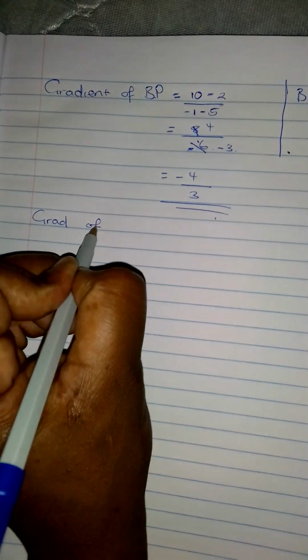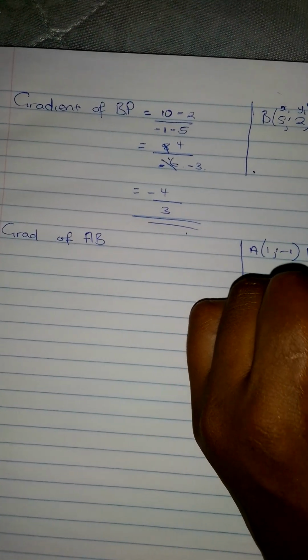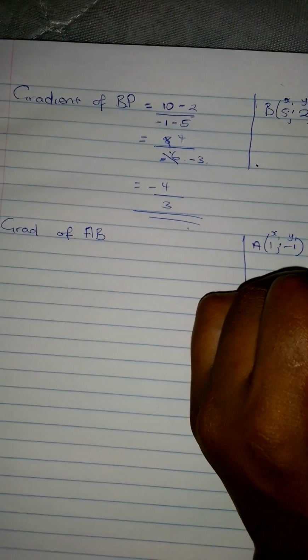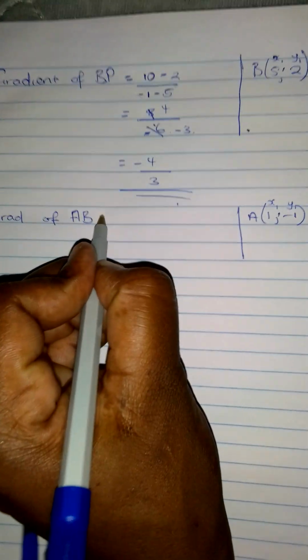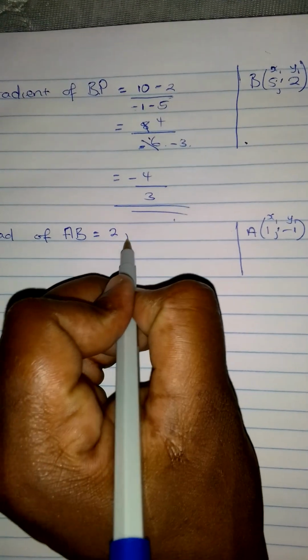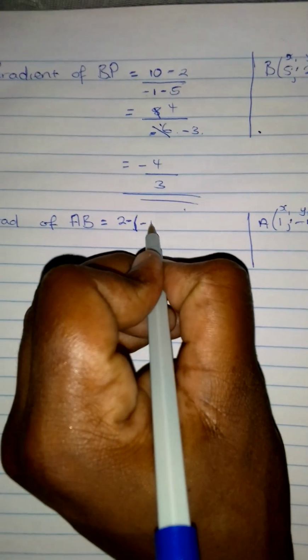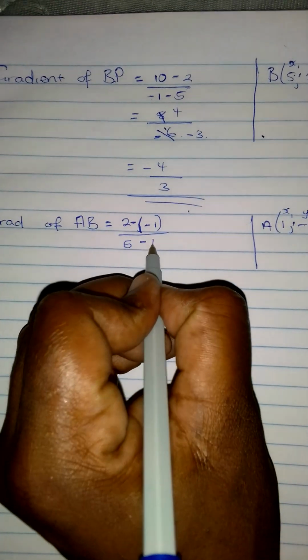And the gradient of AB: there, our A is (1, -1) and B is (5, 2), x1, y1, x2, y2. We use that same formula, y2 2 minus y1 -1 over x2 5 minus x1 1.